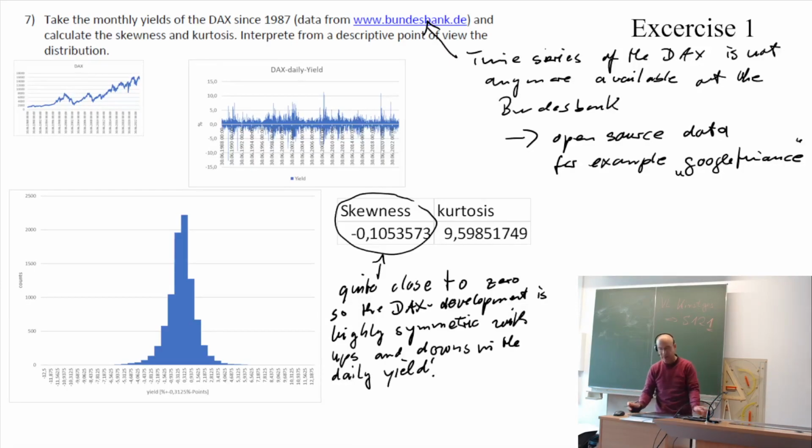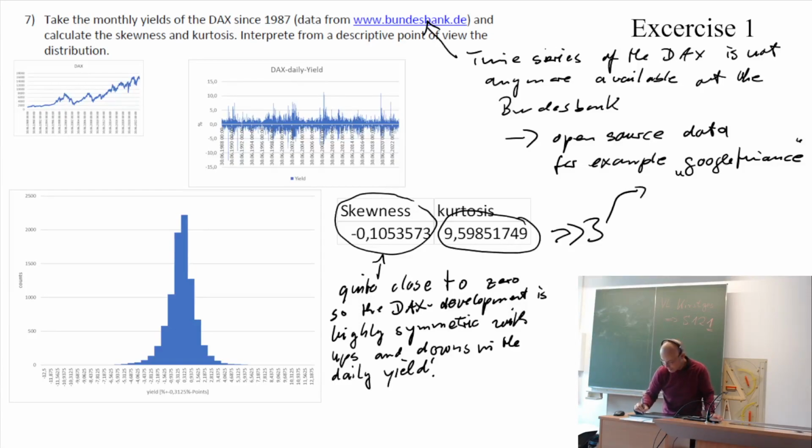Well, but what we now find is really interesting, that we had a kurtosis of 9.5. And this means this is much larger than 3. And how can we interpret this now? The general assumption of a random walk would be that the DAX yield is also distributed like the normal distribution. But the normal distribution has a kurtosis of 3.